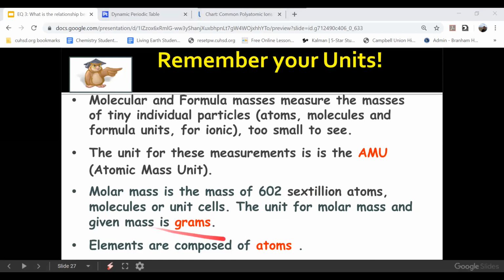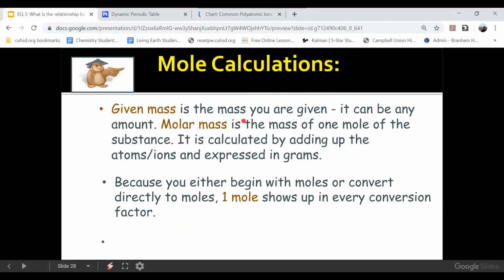So if it's an element by itself, it has a number of atoms. If it's asking for a molecule and it's asking for the number of molecules in it, it's going to be a molecule, things like that. And the last part of slide we have today before I finish is given the mass. Given mass is the mass you're given. It can be any amount. Molar mass will always be 1 mole of substance. It'll always be looked at on the periodic table.